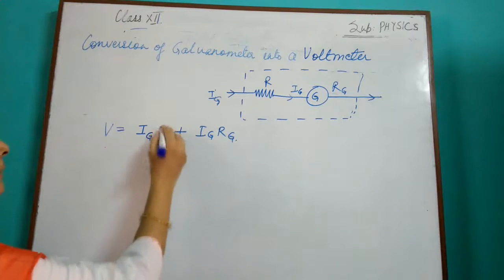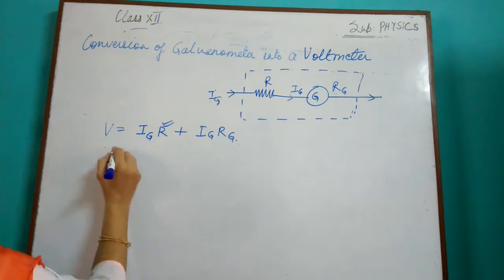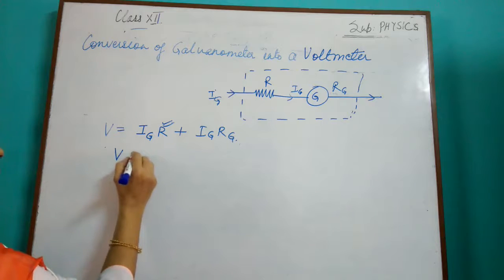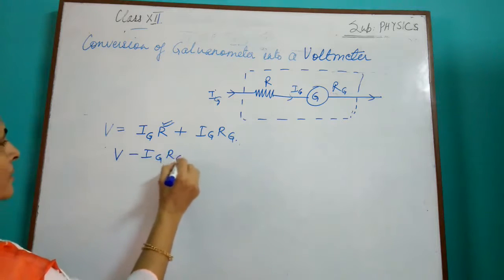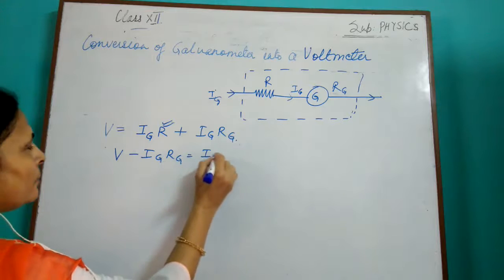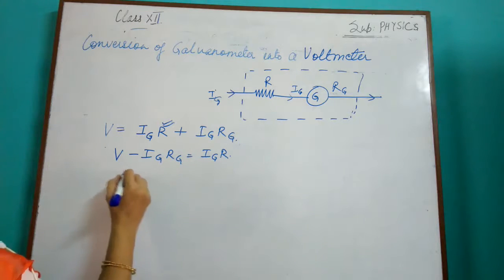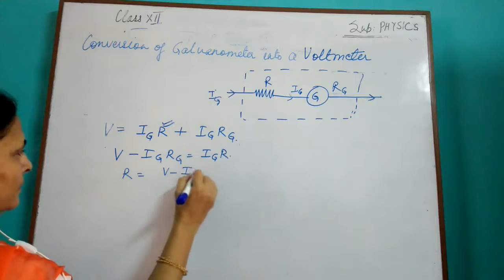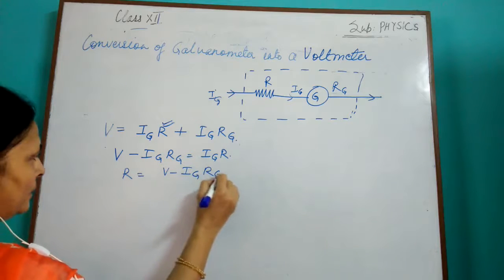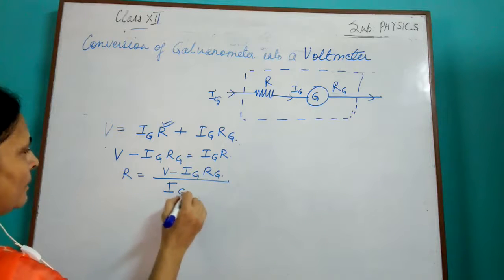I have to calculate the value of R, how much resistance is to be connected. So V minus Ig Rg is equal to Ig R. So R will be equal to V minus Ig Rg upon Ig.